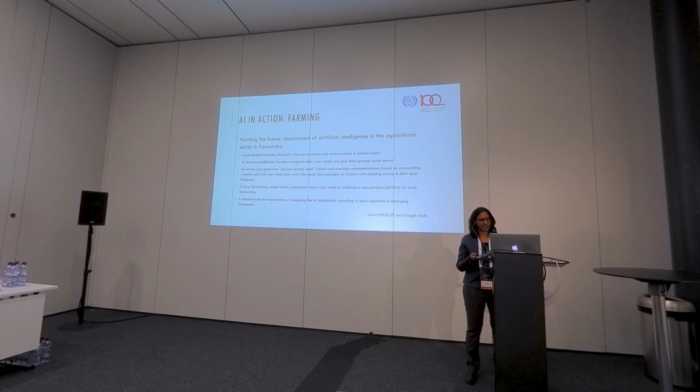What they do is provide AI services to smallholder farmers to improve yields, to ensure greater pricing control, and to help them with the marketing of the entire product. This has helped a number of farmers improve their productivity and yields, get better prices, and access markets much more easily.